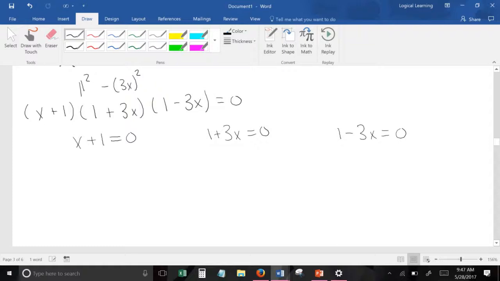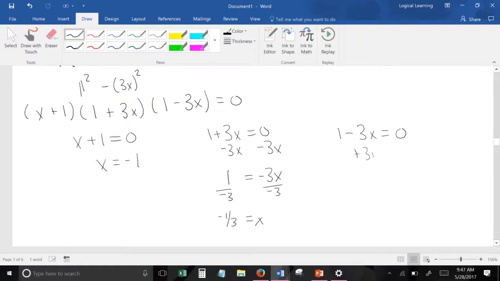For the first one, we subtract 1 from each side, and we get x is negative 1. Here I'm going to subtract 3x from each side, which will give us 1 is equal to negative 3x. And divide both sides by negative 3, and we get negative 1/3 is x.